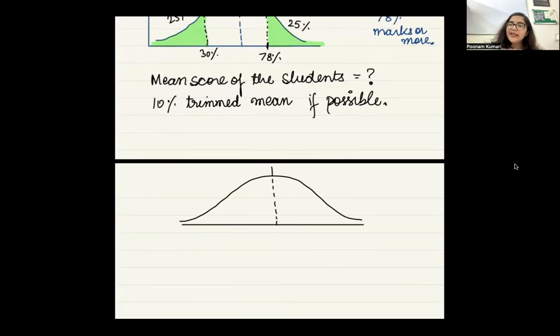And if you have to find the mean, if this area is equal to this area, then whatever number you have here and whatever number you have here, if you just find the average of these two, that will give you this point, because this is exactly the midpoint of these two, right? Yes. If this distance is exactly the same as this distance, then the mean will be the midpoint, right? Yes.